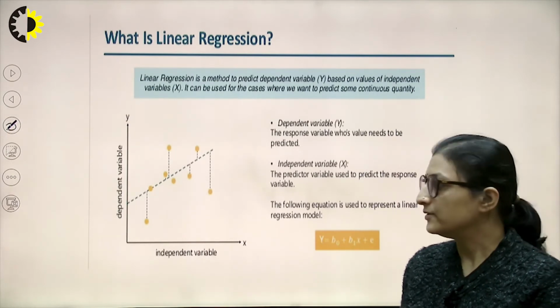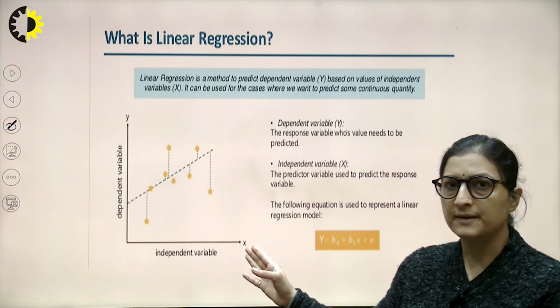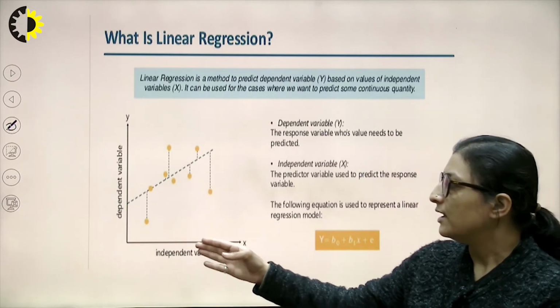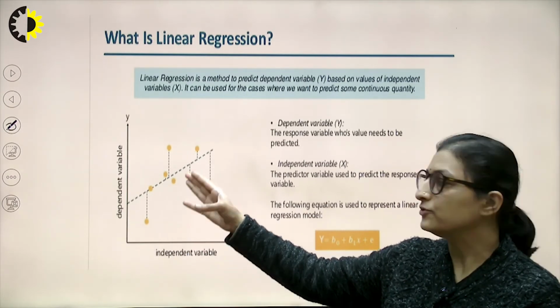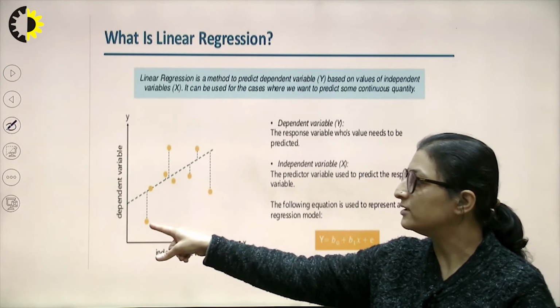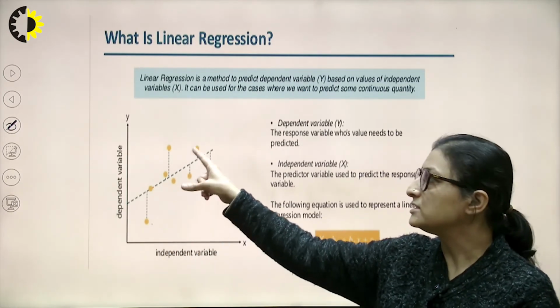As we have already seen, if we plot the dependent and independent variable, and I have the data for a few instances, this is one particular instance, this is another instance.